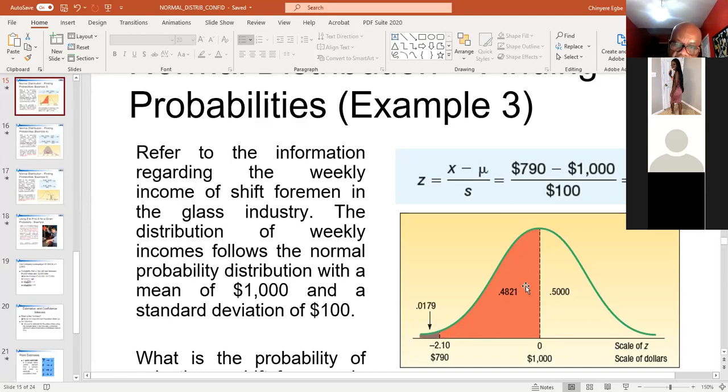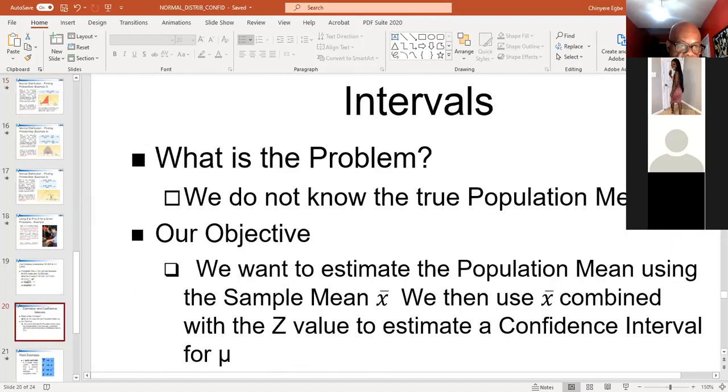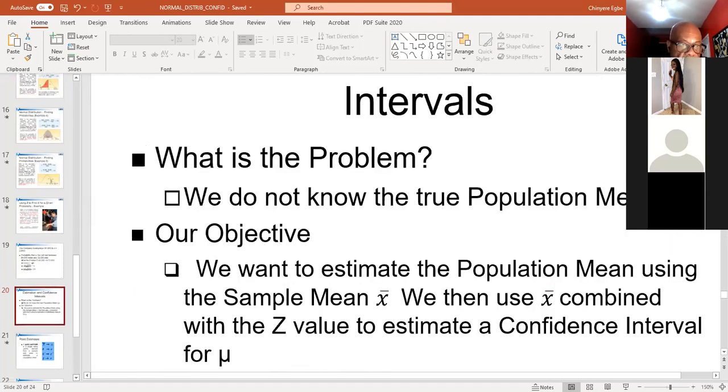So when you take any area under the curve on the left side, which is going to have a negative value, that same area will be the same thing as if you get the same number of Z on the right side, which is a positive value. Do you understand that? Okay. Therefore, when we calculate the Z values and we get something negative, we should not worry about it.